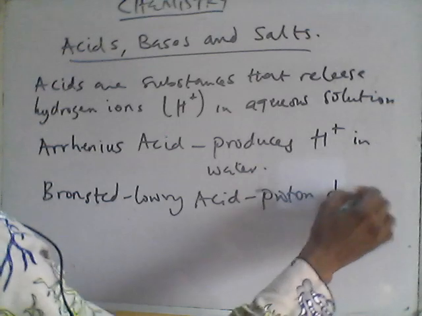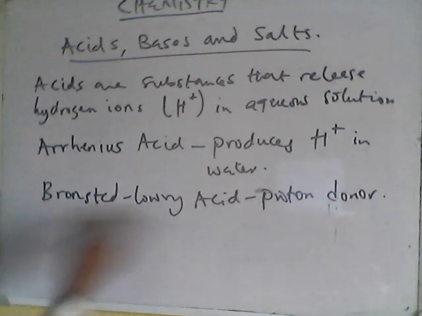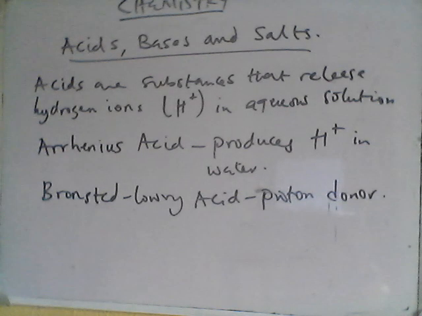So any one that comes in your exams, you know that these two are definitions of acid. You can define it as a proton donor, if you are looking at it through the Bronsted-Lowry acid model, or you can say it produces hydrogen ion in water.